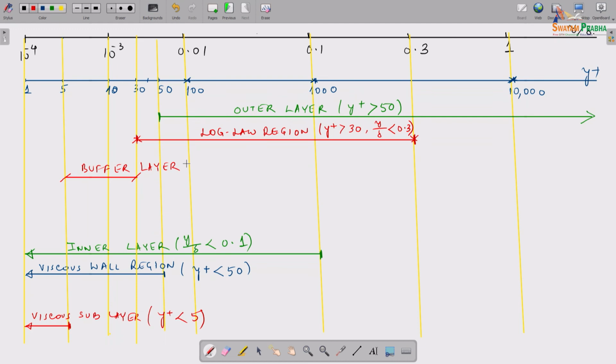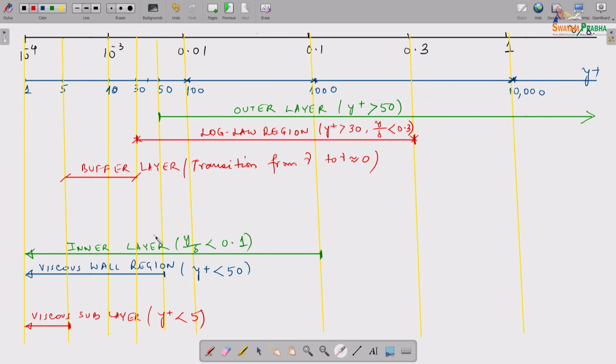I'm going to write something here. So this is like the transition from viscosity dominant to viscosity becoming negligible. And then between the outer layer and the inner layer there is also this overlap region.